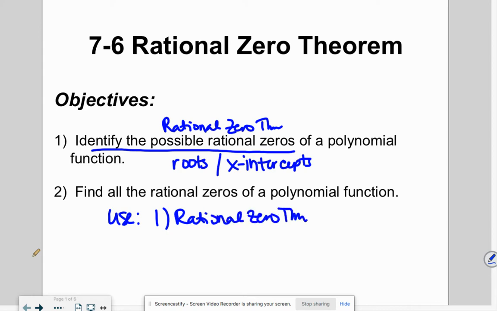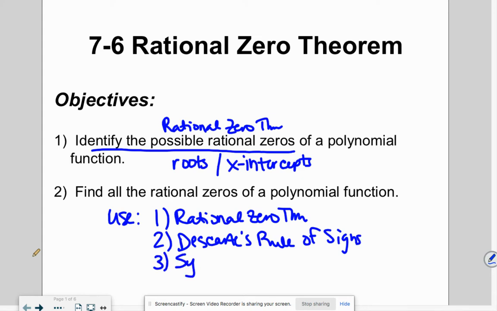Then, after we use the rational zero theorem, we're going to apply Descartes' rule of signs, which you just learned in the last lesson. We're going to use synthetic substitution to find a zero or two.